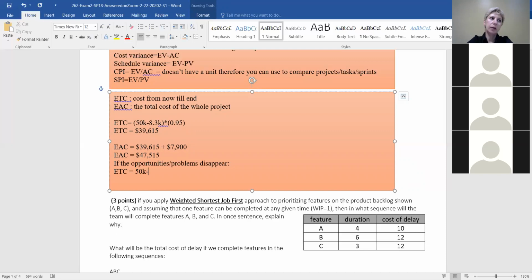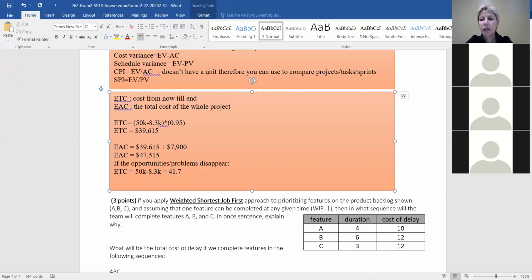$50K is the value of the work you needed to accomplish. You have accomplished 8.3, and that's going to be 41.7. You can just put it on the same line. Equals 41.